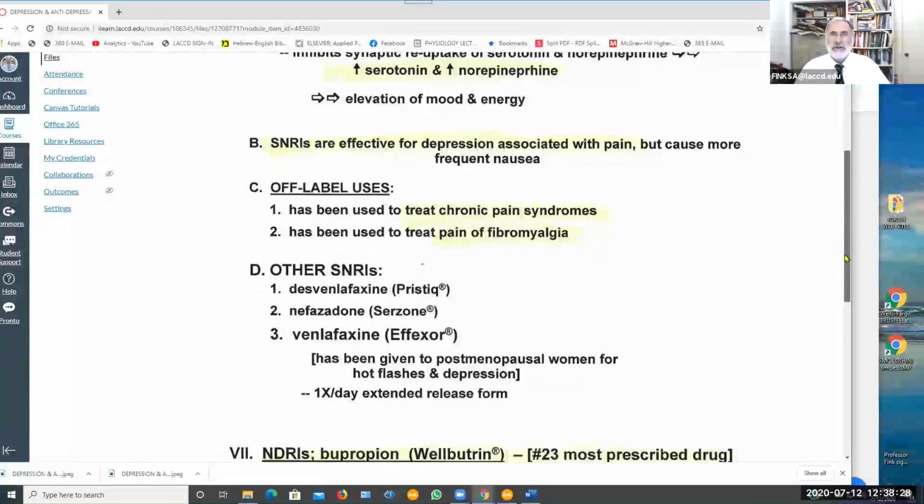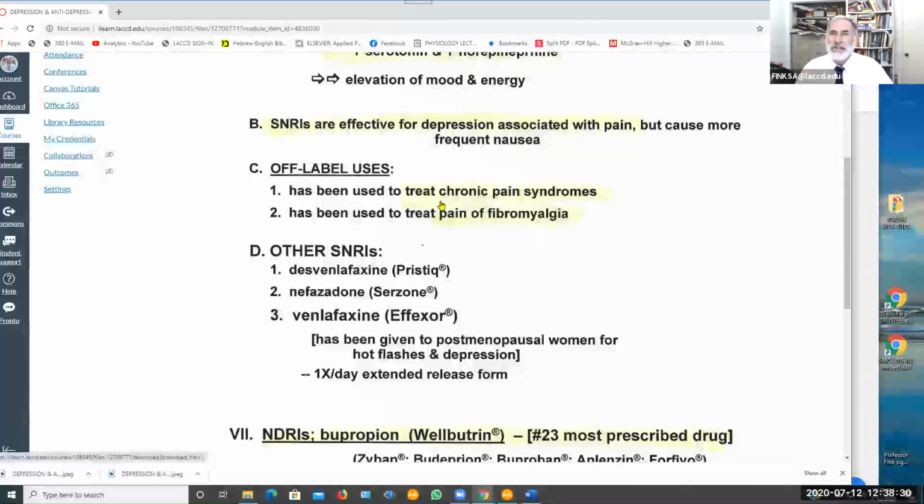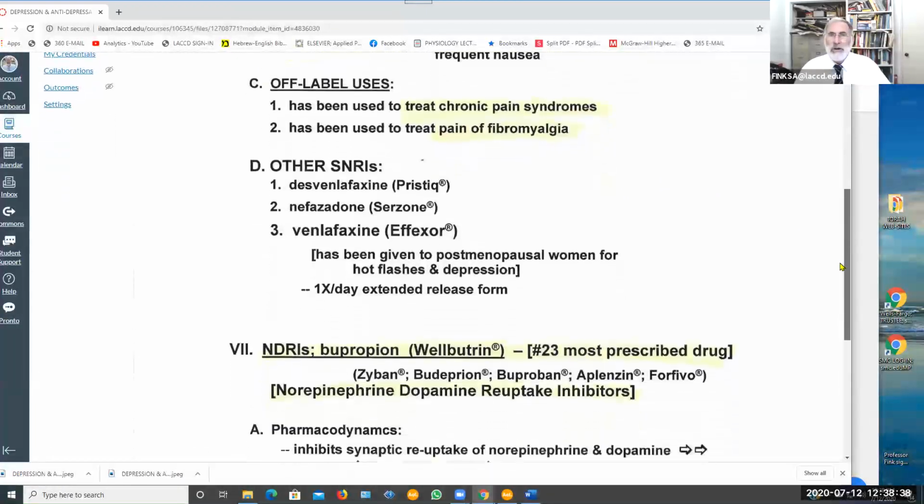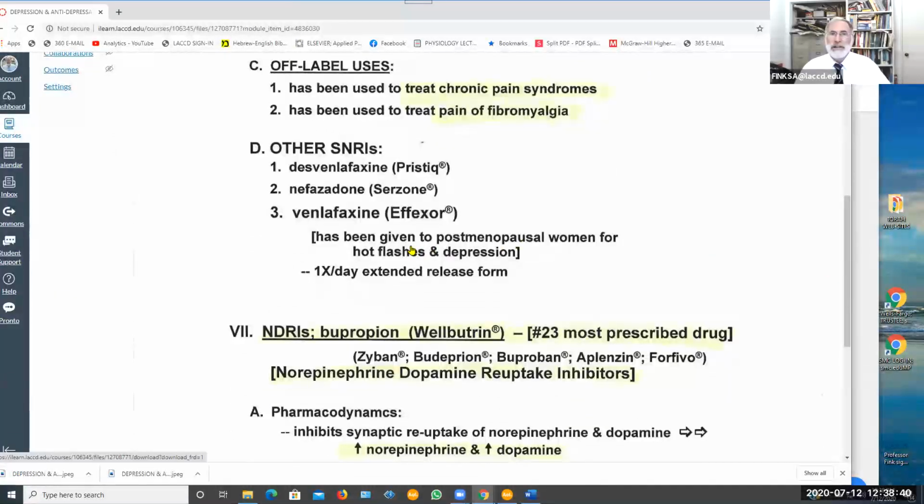Examples of that include the use of Cymbalta to treat chronic pain syndromes, including fibromyalgia. There are other SNRIs, including venlafaxine, which goes under the brand name Effexor, which has been prescribed for postmenopausal depression and symptoms of postmenopause. So, okay, those are the SNRIs.